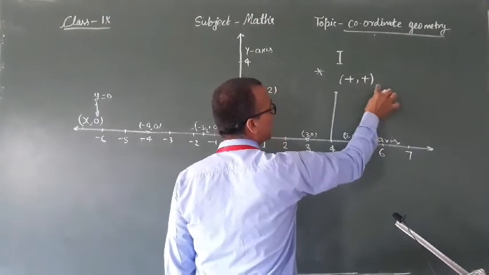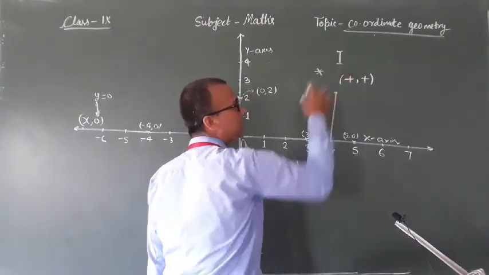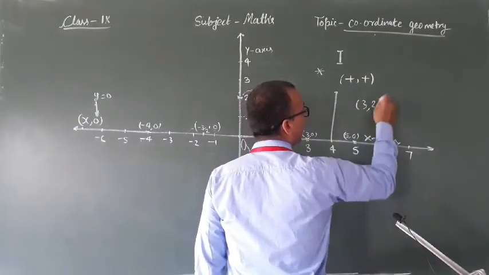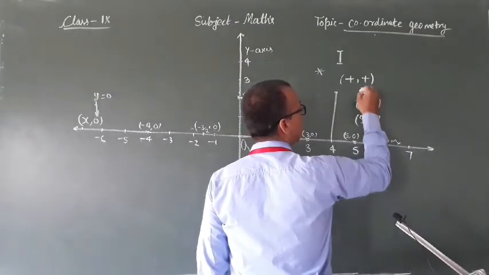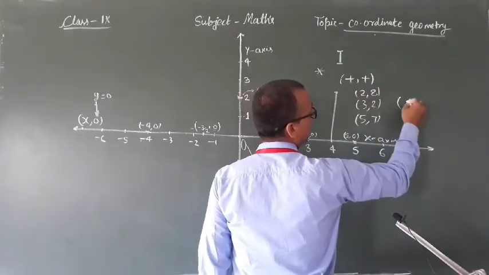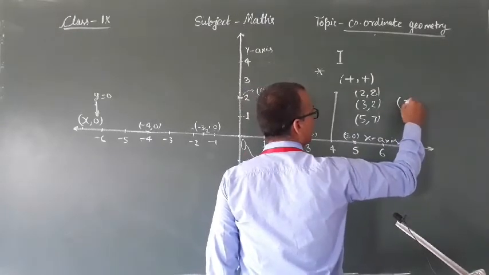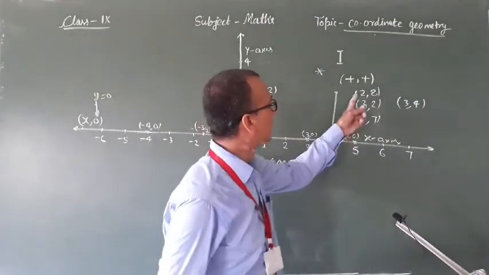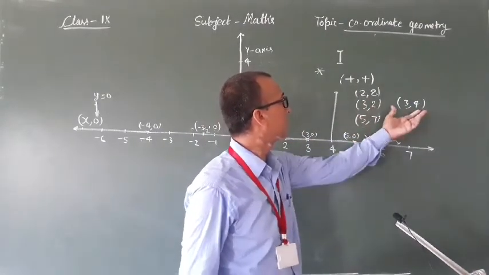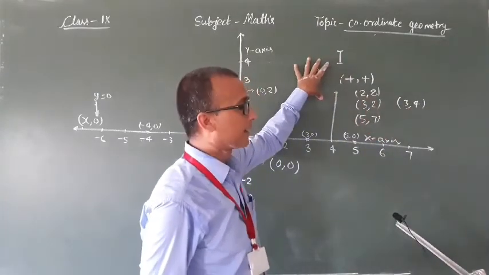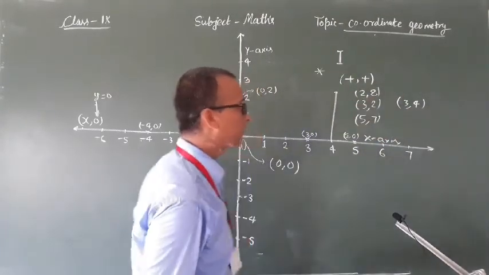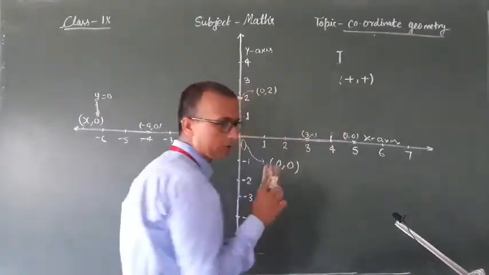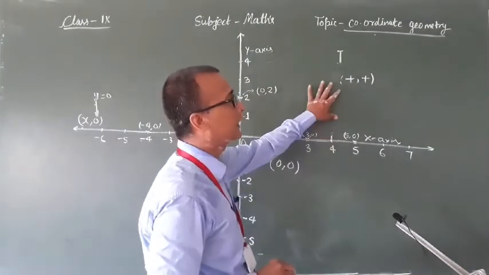Such notation will be in the first quadrant. Suppose (3, 2), (5, 7), (2, 8), (3, 4). These are all positive, positive, so these are in the first quadrant. Show it by yourself: points which are positive for both x and y are situated in the first quadrant.